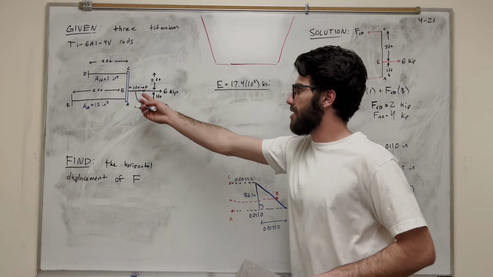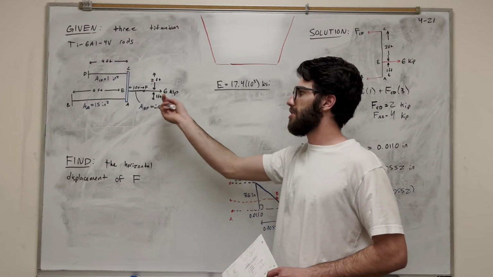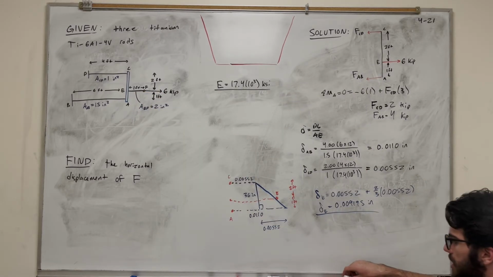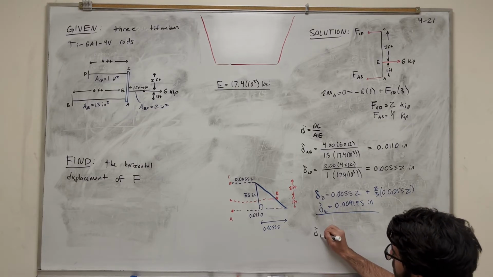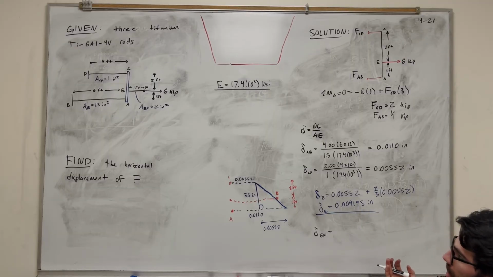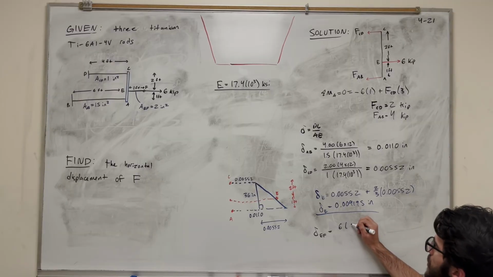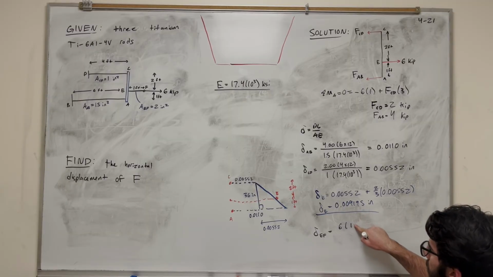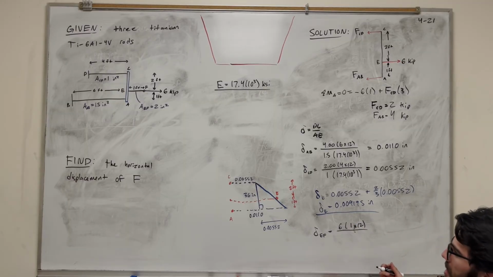That's not our final answer yet. We know that E is displaced that far, but then we need to find the displacement of EF. That's pretty simple, the same thing we've done here. The displacement of EF is equal to the force, which we know is 6 kip in that line, times its length, which is 1 foot, so 6 times 12 inches on top.